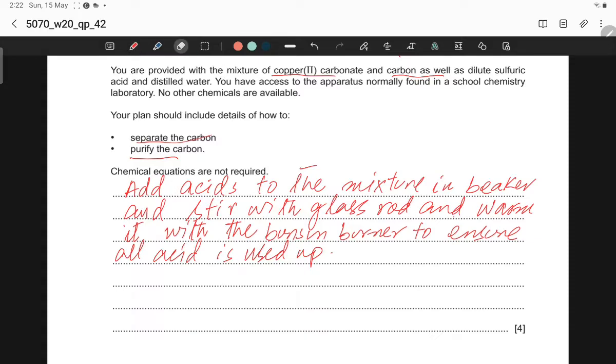All carbonate is used. All copper carbonate is used up as acid is in excess.